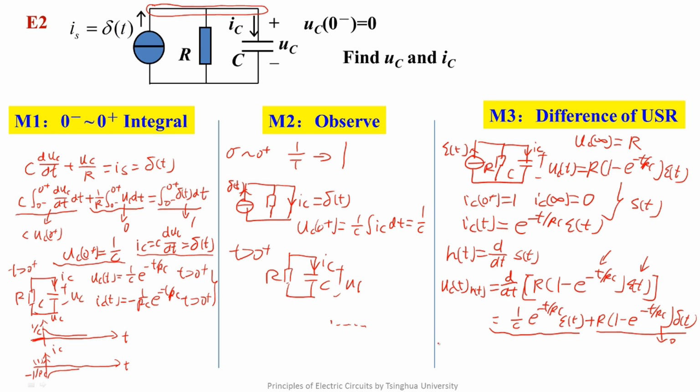Next, we will solve the unit impulse response of IC. IC(t) equals the differential of e to the power of minus t over RC times epsilon(t). There are two terms with t, so we write them out respectively. It equals minus 1 over RC times e to the power of minus t over RC times epsilon(t), plus e to the power of minus t over RC times delta(t).